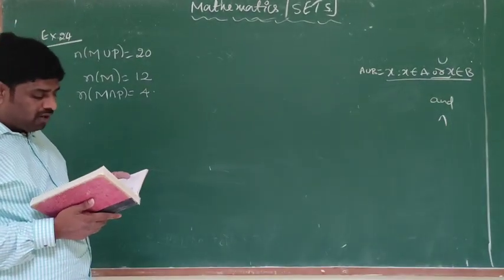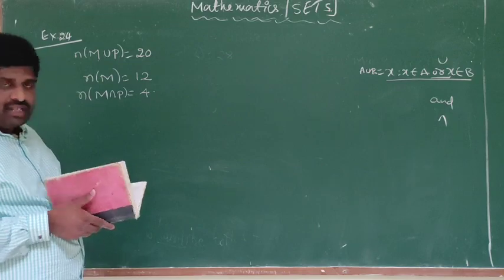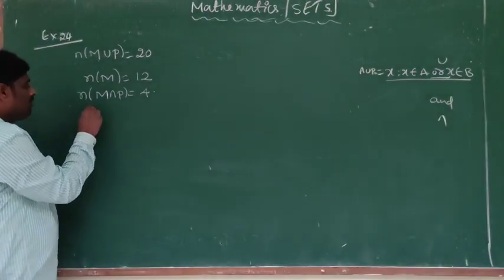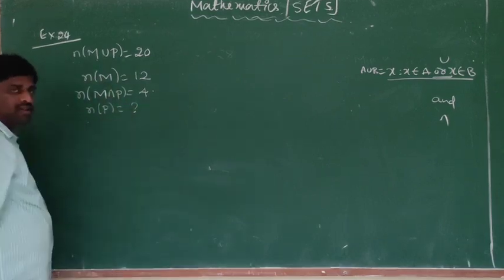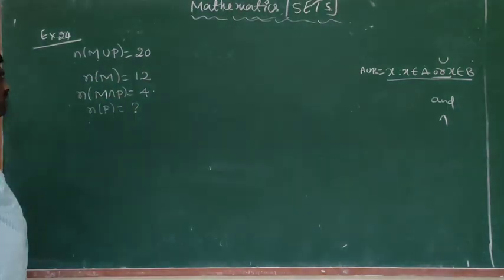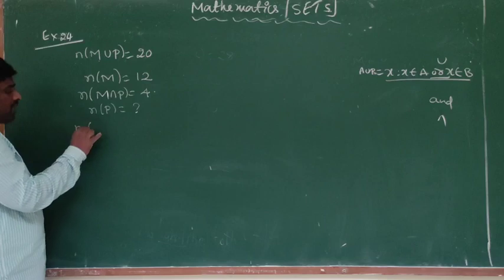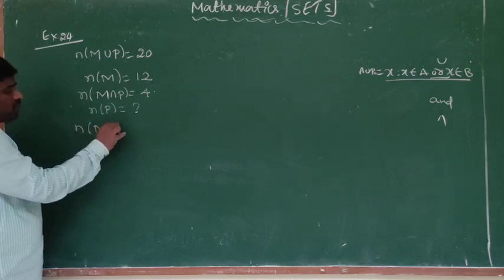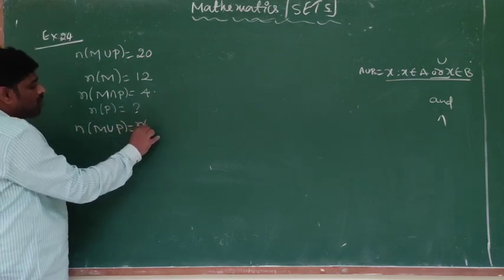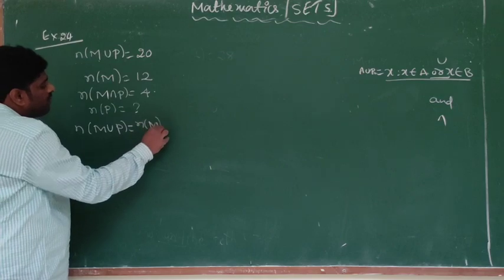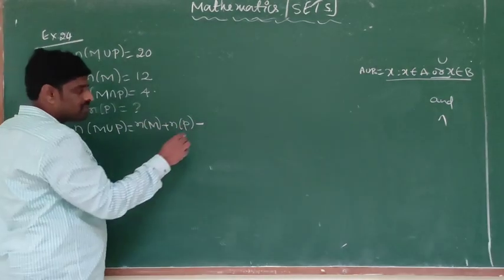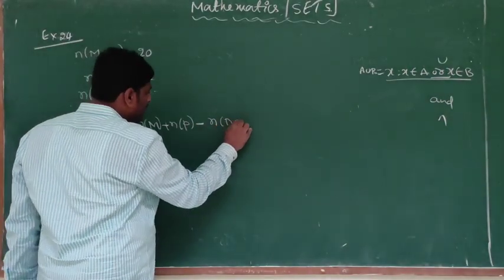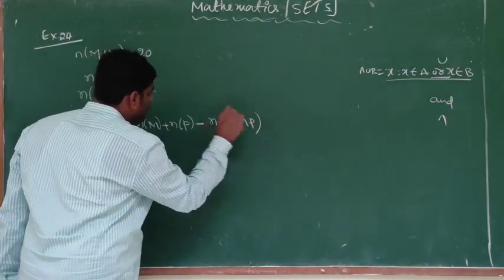Now I want to find how many people teach physics. n of P is equal to question mark. Now we have the formula: n of M union P is equal to n of M plus n of P minus n of M intersection P.